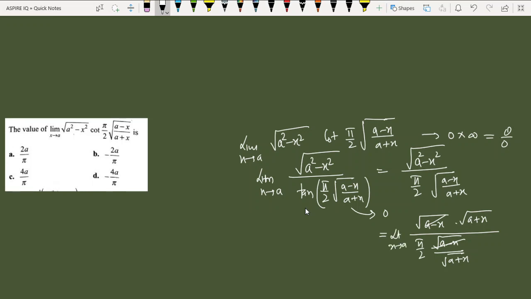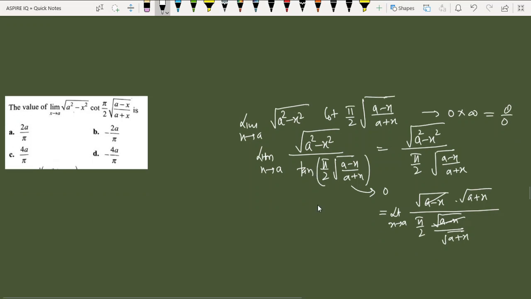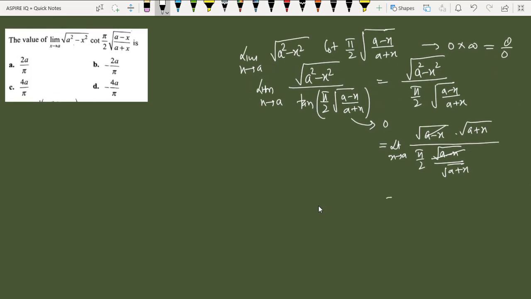For x tends to a, pi by 2 will become 2 by pi, and it will be a plus x for limit x tends to a. Your answer is 4a upon pi, 4a upon pi. It was very simple.